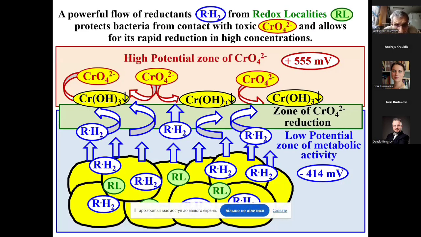So let's summarize that the redox locality and redox gradient give the possibility of reducing toxic chromate compounds without direct contact of anaerobic microorganism with these high potential compounds.